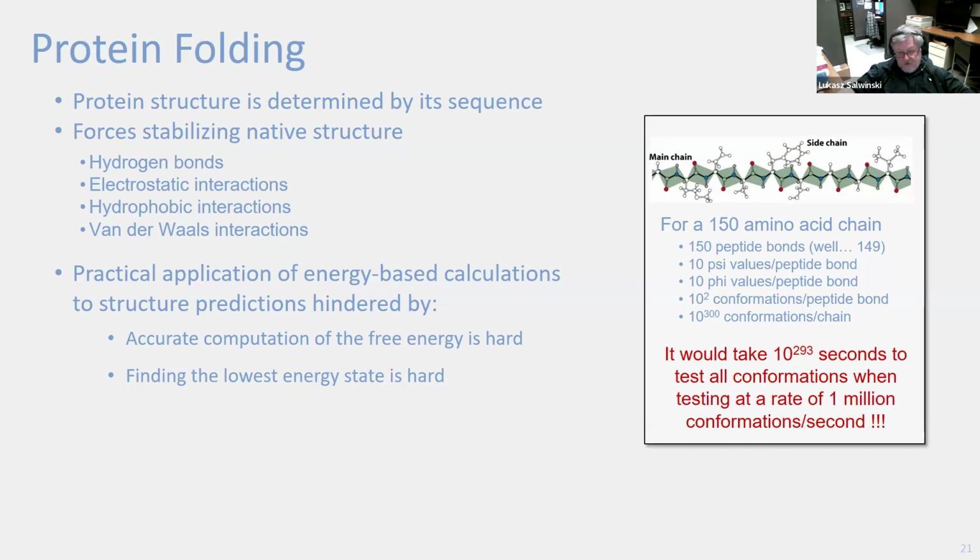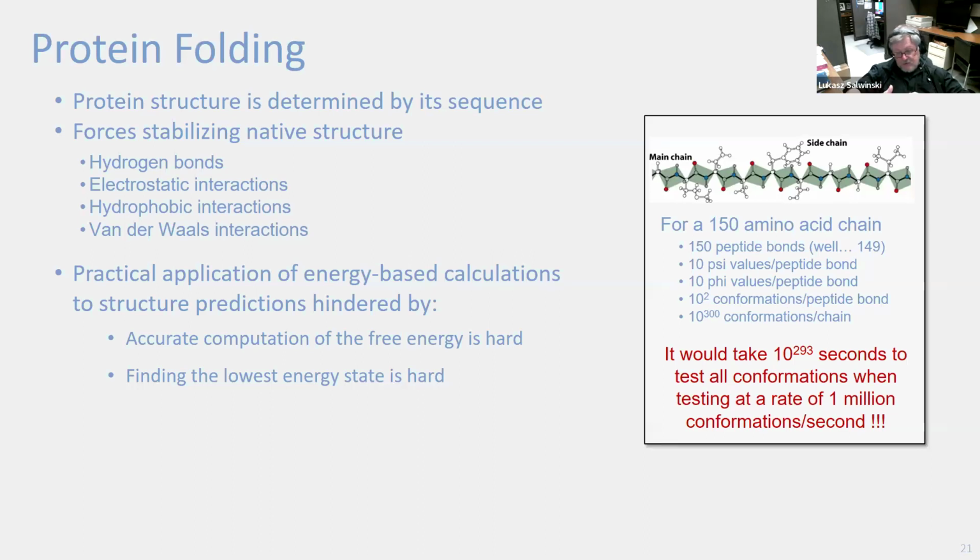One way to do it is to start by looking at small sections of the chain and finding out for each section what is the most likely conformation, and then use this for the first three residues, and then look for the next three and see what's the most likely conformation there, and then you start stitching your protein from smaller segments.